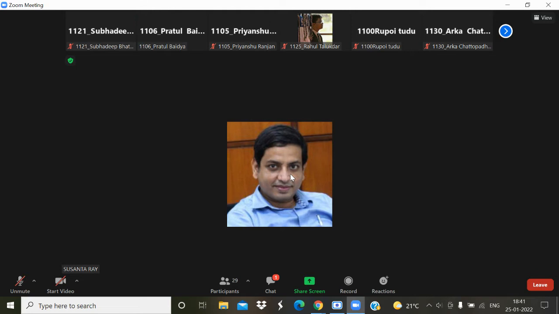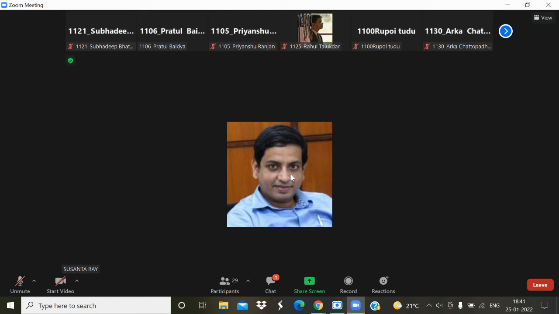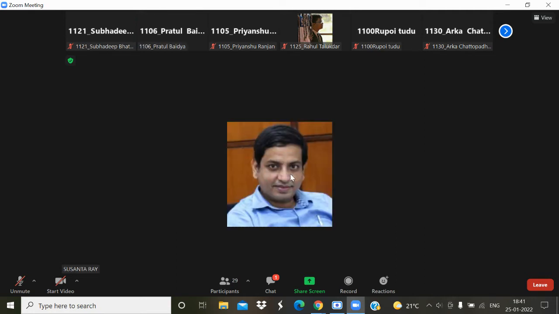Squirrel cage you just write down, induction motor is already there. Delta connected, efficiency of 88%, and power factor of 0.86.